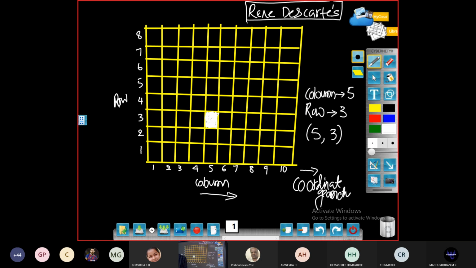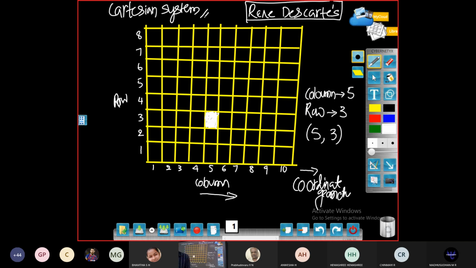This is also known as the Cartesian system. Locating a point like this is known as the Cartesian system. What do we call this? Cartesian system.